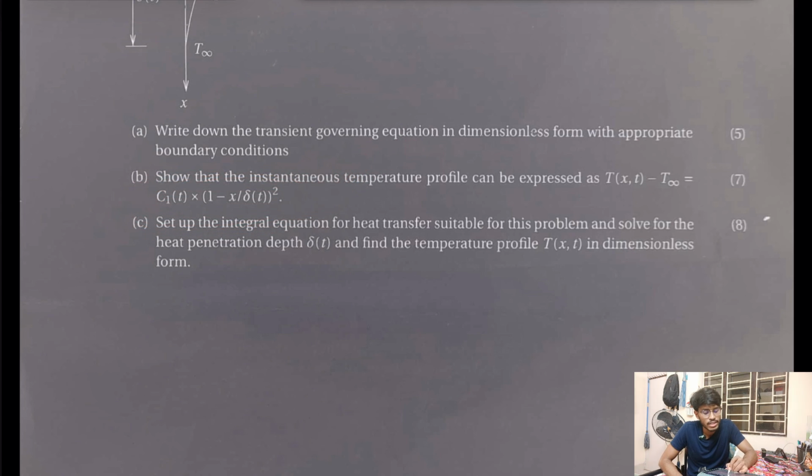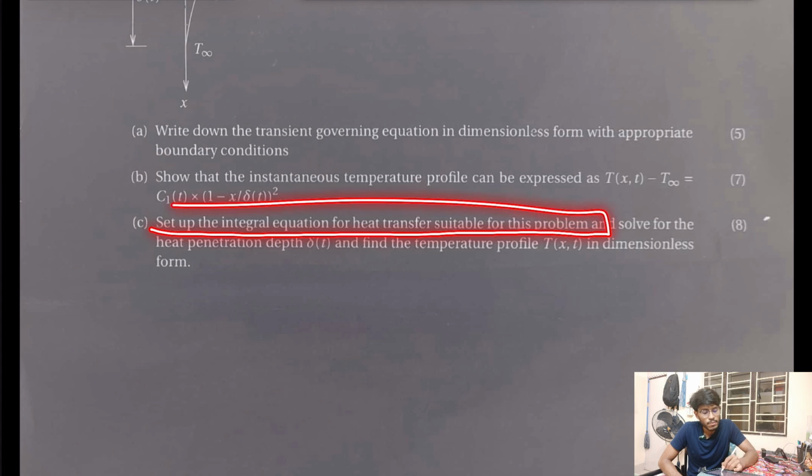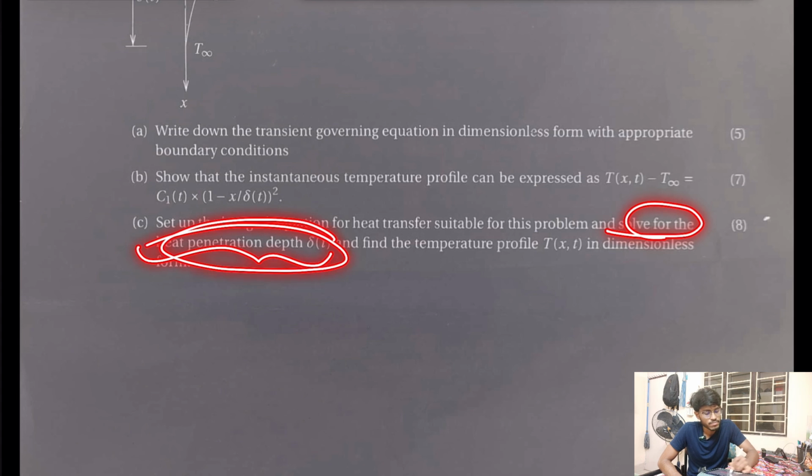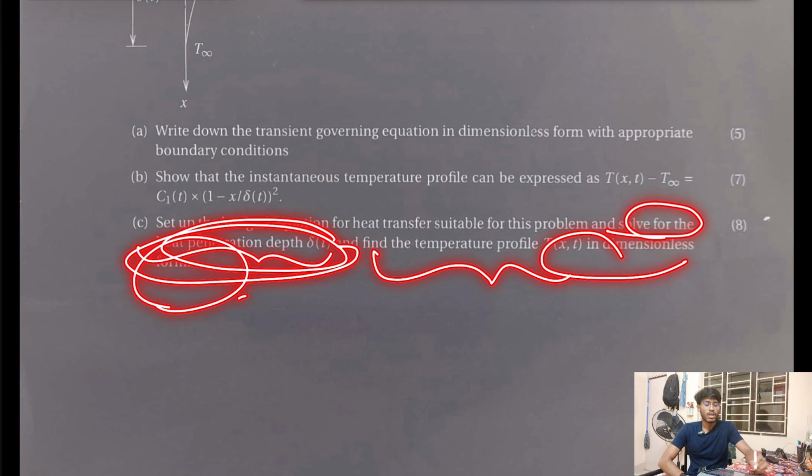You can put your t in this form and set up the integral equation for the heat transfer for the problem, and solve for the heat penetration depth delta T. That means you have to integrate the actual boundary condition, not the non-dimensionalized one. Then find the temperature profile T(x) in dimensionless form.